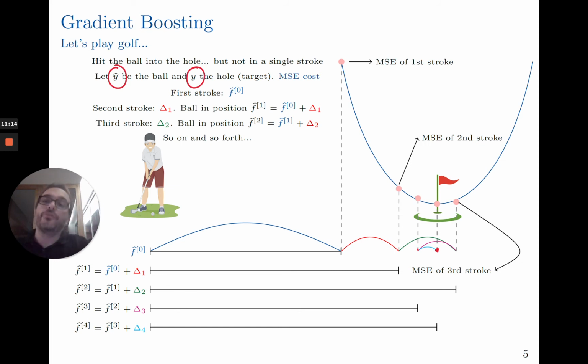But how do we move towards our target? Remember that we need another ingredient. We need the target, but we need the cost, right? We need the function that's going to measure how far we are from the target, the distance between our model and the target. So in our case, it will be the MSE cost.